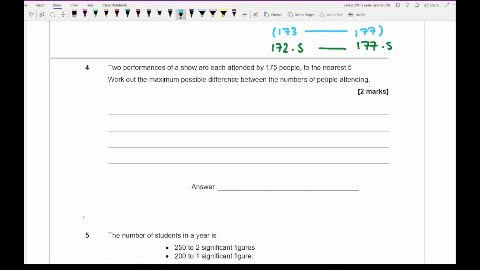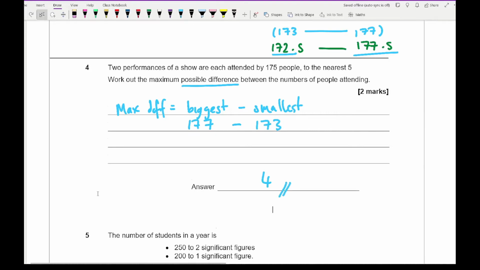The reason why I've rounded up and down is because I want whole numbers that satisfy these two limits. So I'm looking for whole numbers that are between those two numbers. Now the maximum possible difference is going to be the biggest minus the smallest. So the biggest attendance I can have is 177 and the smallest is going to be 173. So the answer therefore is going to be 4.